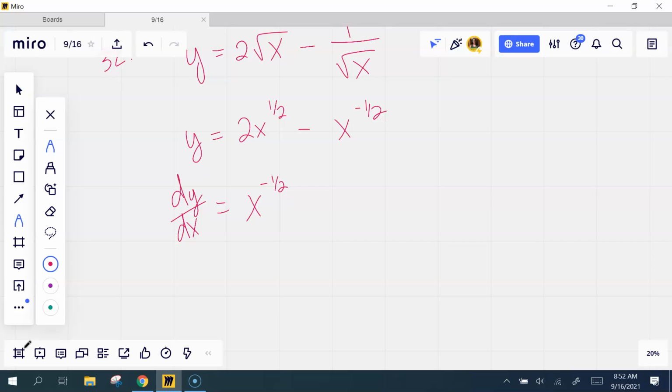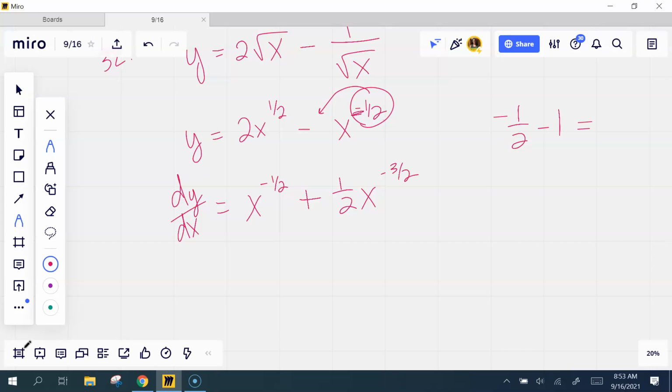I've got a minus here, so it's going to change this to, because I multiplied by negative 1/2. Now I've got negative 1/2 minus 1. What is it? Negative 1.5. Which is negative 3 over 2.